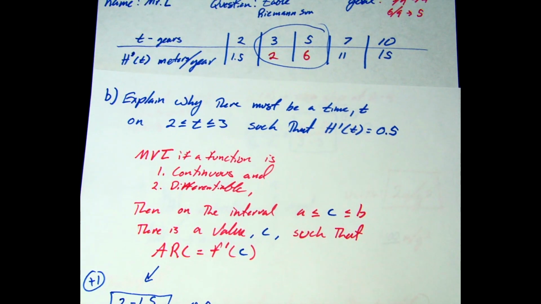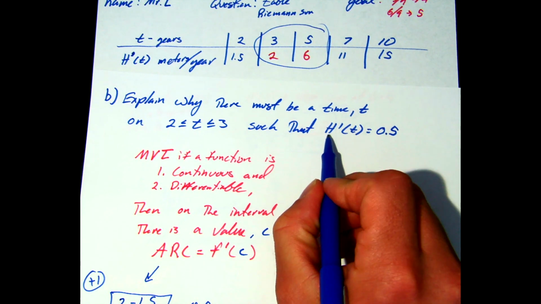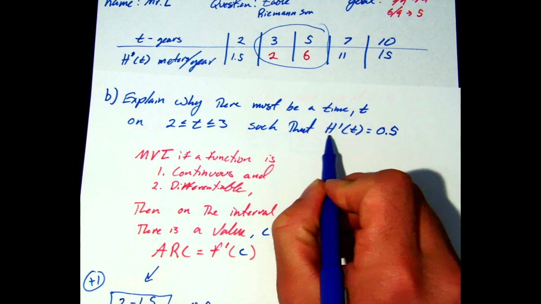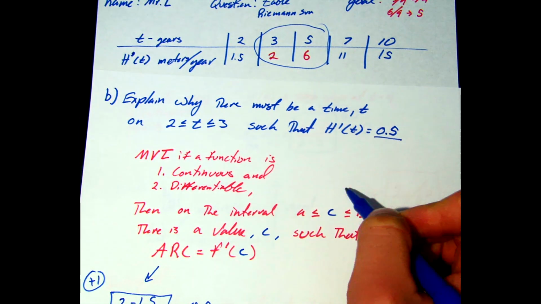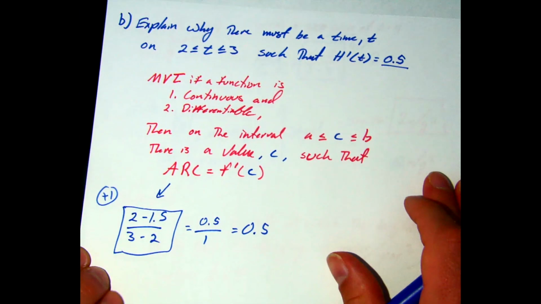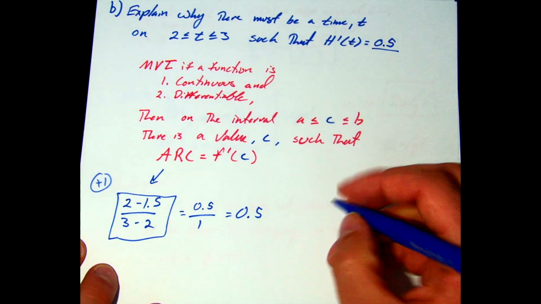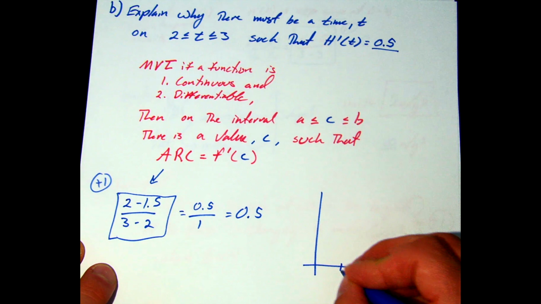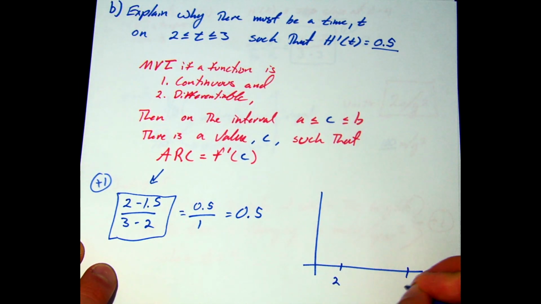Now, this is what the question's asking. It's saying, hey, the derivative of h must equal 0.5. And here's why. Let me draw a quick sketch of this. On the bottom, we had 2 years and 3 years.